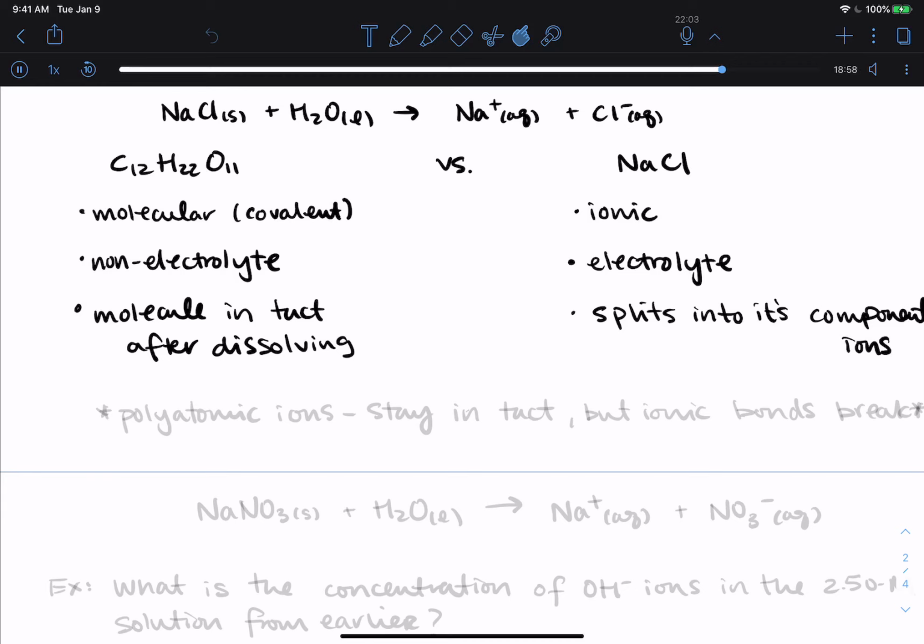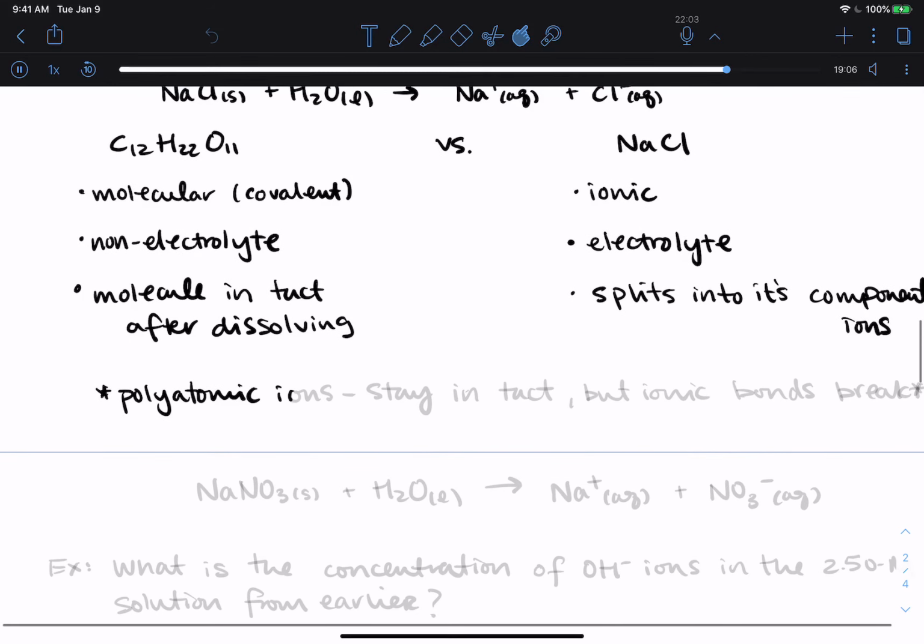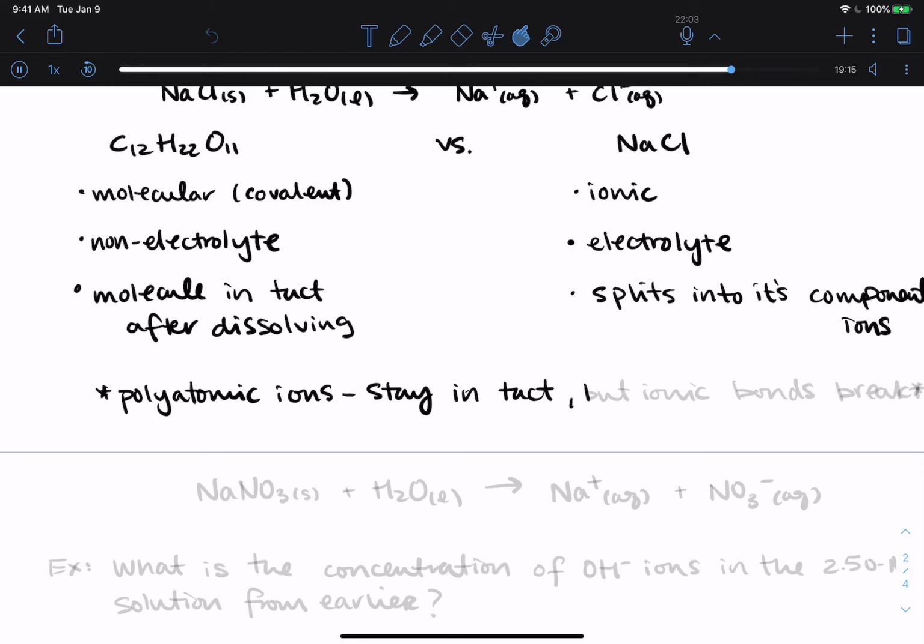Now, I want to do a special note here about polyatomic ions. These stay intact, but the ionic bonds break. So, for example, sodium nitrate is something that will dissolve in water.